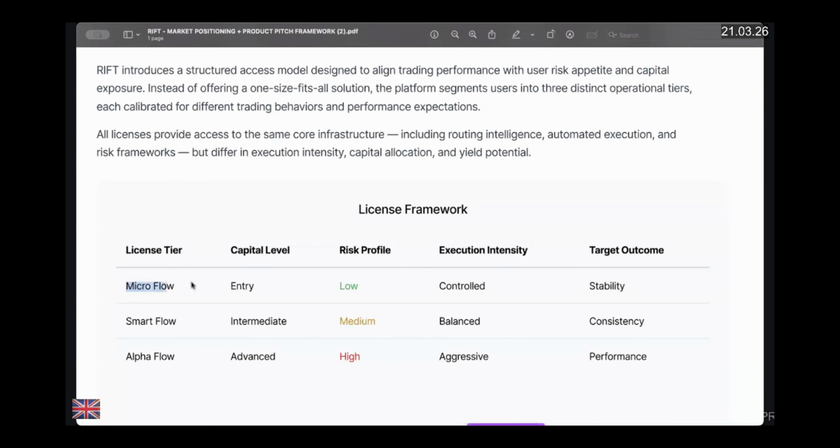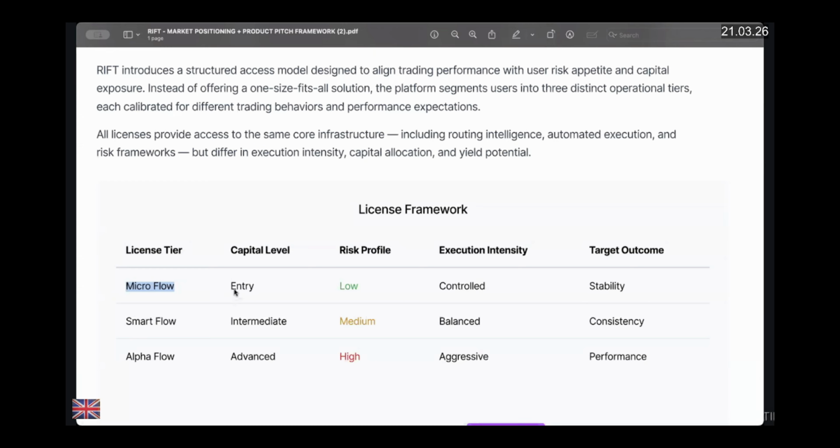Even if you have a Micro Flow strategy active in your account on Rift, you can place $10,000, $100,000, $1 million, whatever ticket size starting from $11 you want to deploy it to, you can do that.